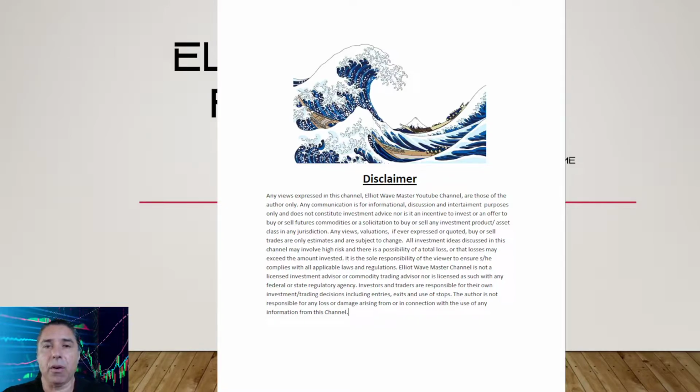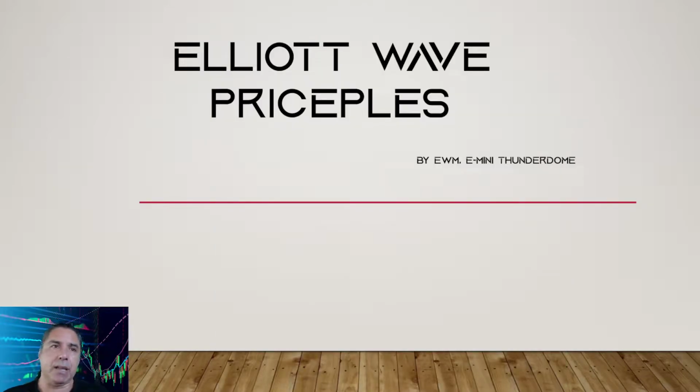All right, in this video, I'm going to be going over Elliott wave principles. If you don't know, Elliott wave is a fractal pattern based on impulse and corrective waves.